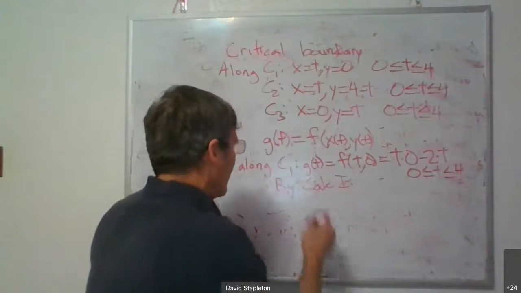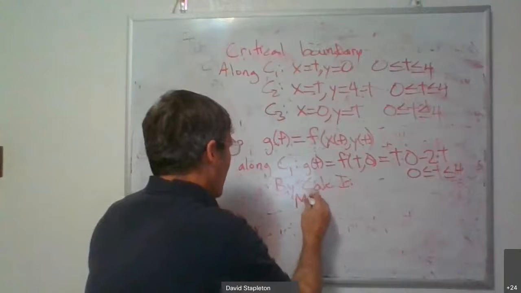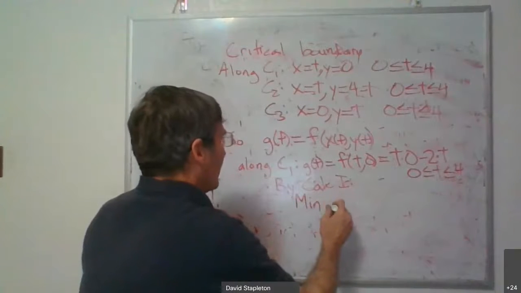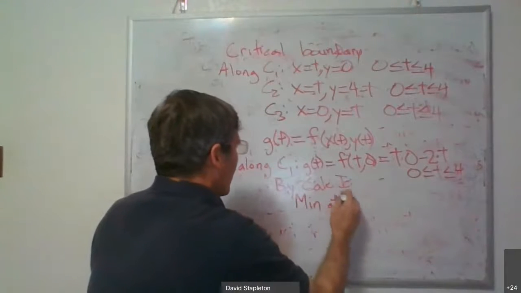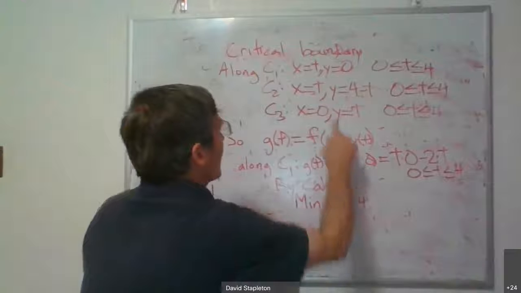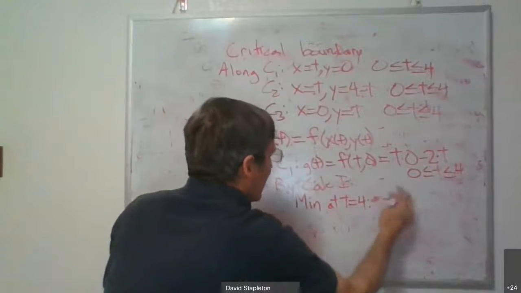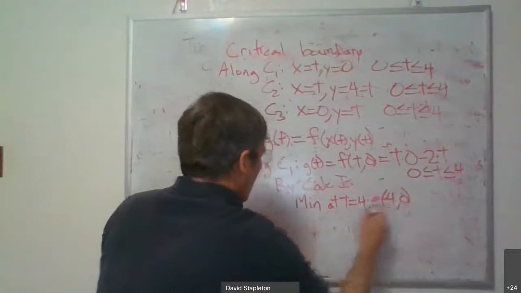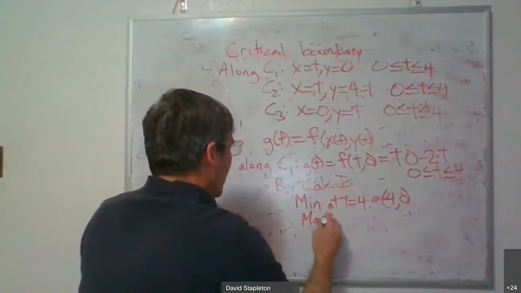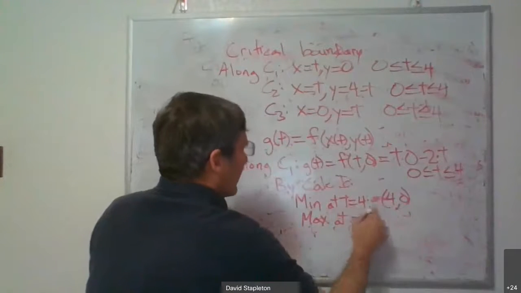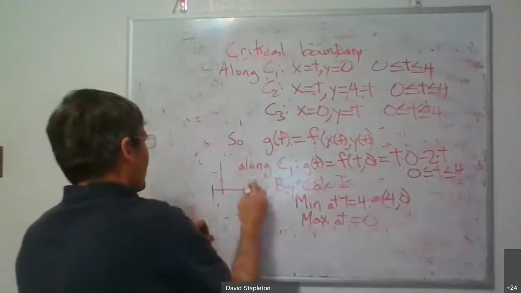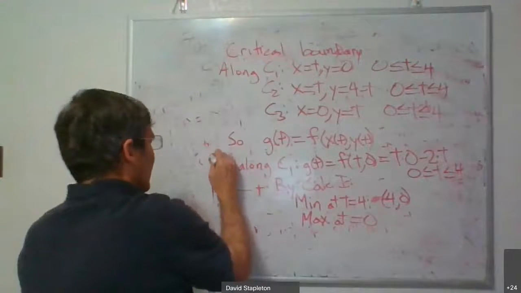By calculus 1, you have the minimum at t equals 4. At t equals 4, x equals 4, and y equals 0. It has a maximum at t equals 0. It's a negative slope. It looks like this, t versus g.